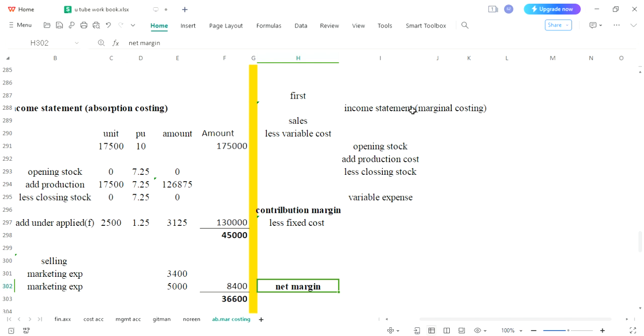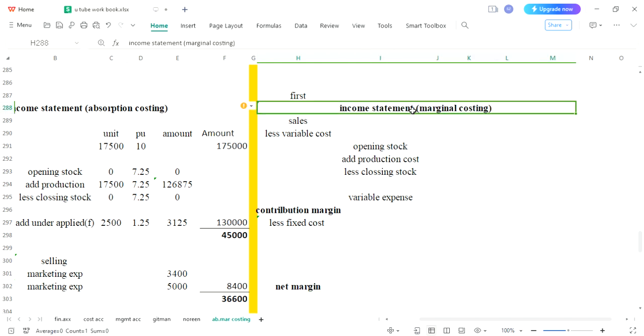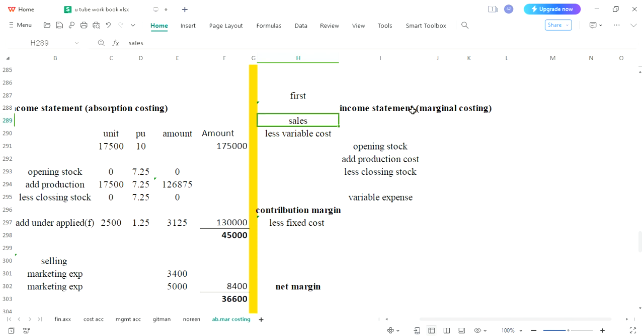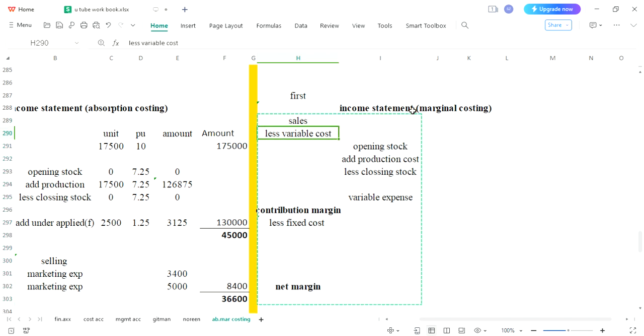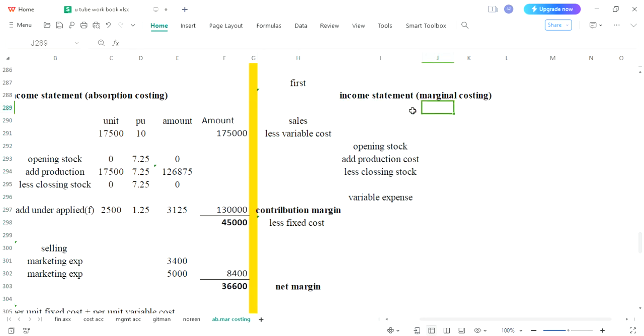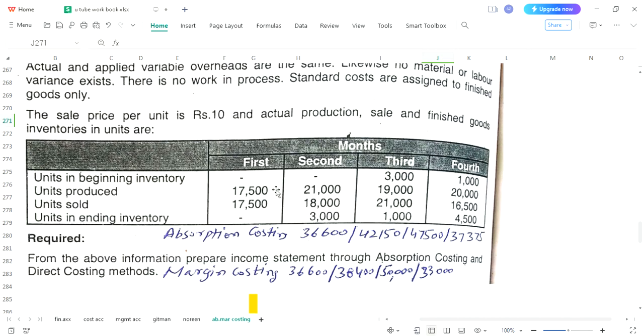So in this way our statement would be completed, and as usual there are units and per units which would be written over here. We will write units and then per unit, small amount, and main amount would be written here. So let's go back to the question, and we are starting from here.